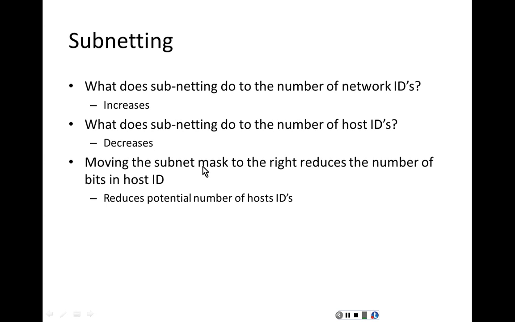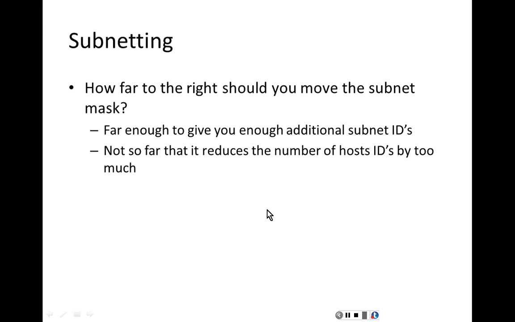So moving the subnet mask to the right reduces the number of bits in the host ID, and it reduces the potential number of host IDs. So the question is, how far to the right should you move the subnet mask? And the answer is far enough to give you sufficient number of subnet IDs, but not so far that it cuts too deeply into the number of host IDs.